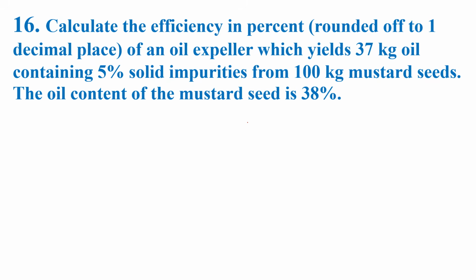Calculate the efficiency in percentage, rounded to 1 decimal place, of an oil expeller which yields 37 kg of oil containing 5% solid impurities from 100 kg of mustard seeds. So total mustard seed we have is 100 kg. In the oil we have 5% impurities.